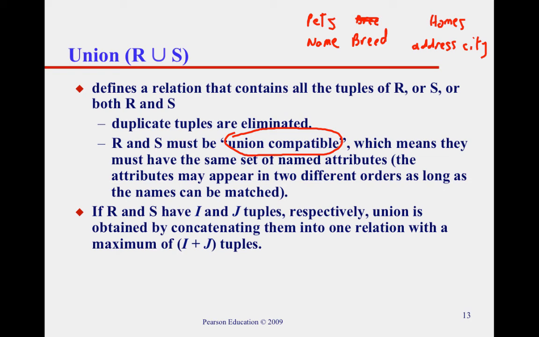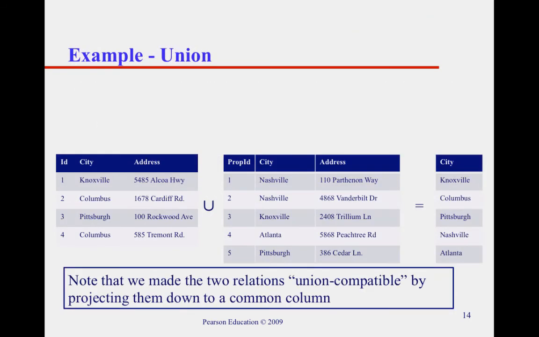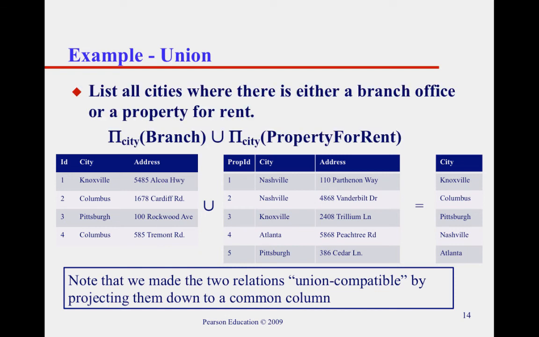So for example, it does make sense to have a union of our branch and property for rent relations as long as we do a projection on city, because we could say we want to list all cities where there is either a branch office or a property for rent.